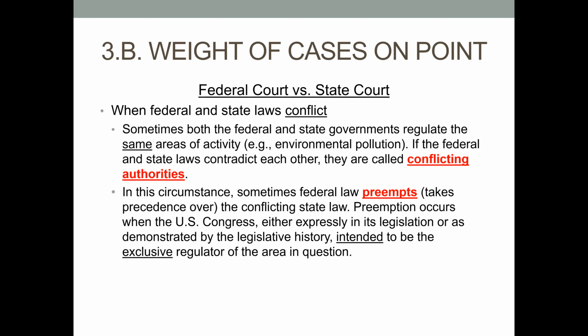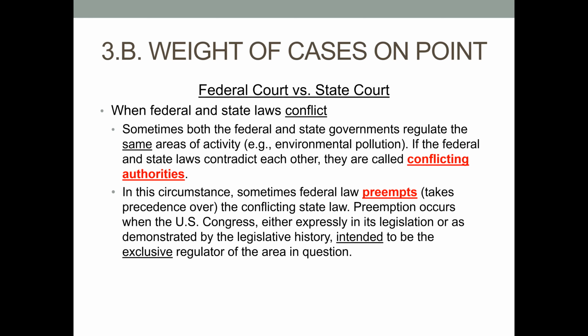And generally, the preemption will occur if the court decides that the United States Congress, either in the wording of the federal statute or as indicated in some part in the legislative history of the statute, expressed an intent to be the only regulator of the area in question. That is, to the exclusion of state laws.